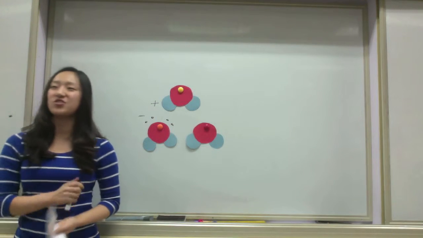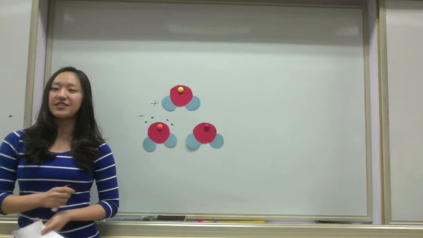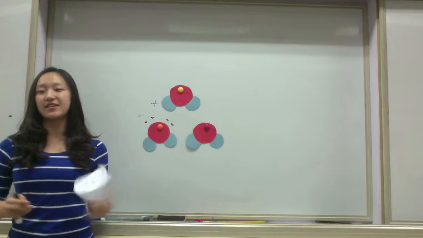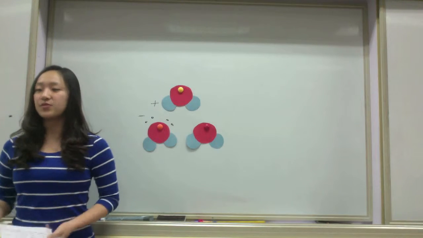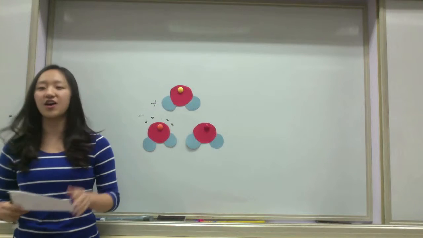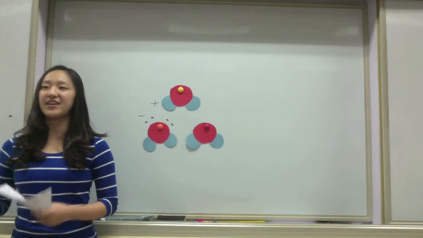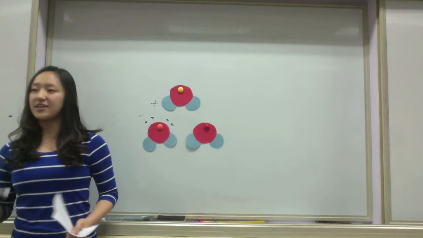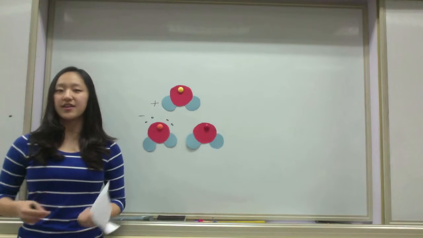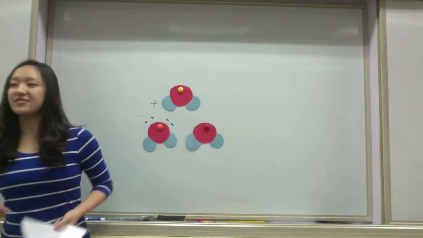Hydrogen bonds are one of the strongest intermolecular forces, and so in order to break these bonds and turn them into gas, or reform them to turn them into solids, it takes a lot of energy. That's why water has such a high heat of vaporization and high specific heat capacity, because it takes a lot of energy to break these hydrogen bonds to make it evaporate or melt.